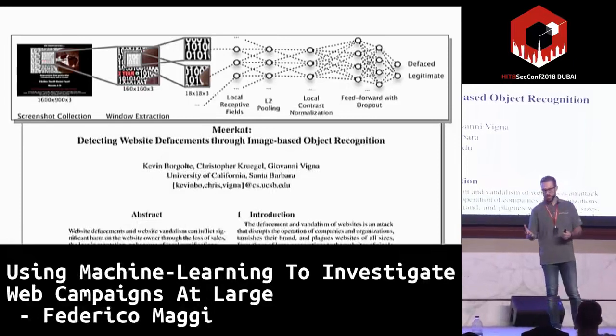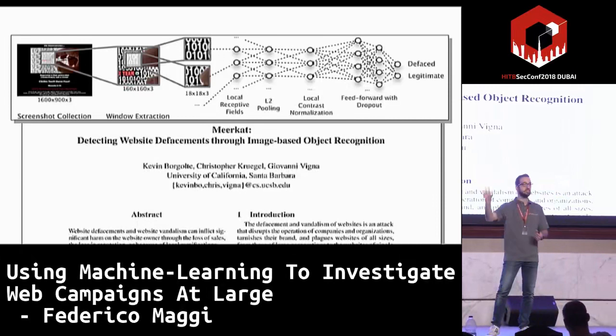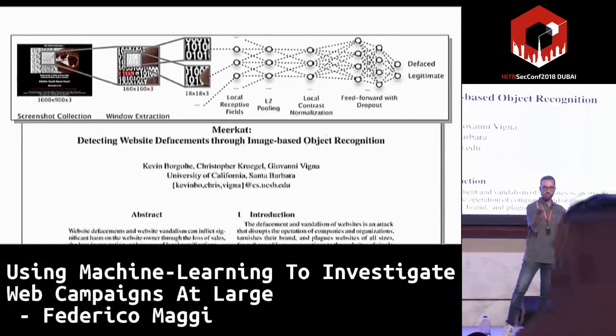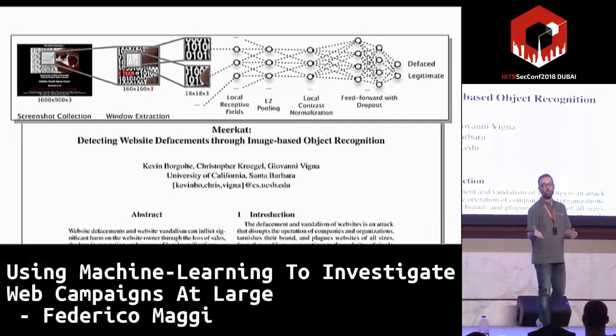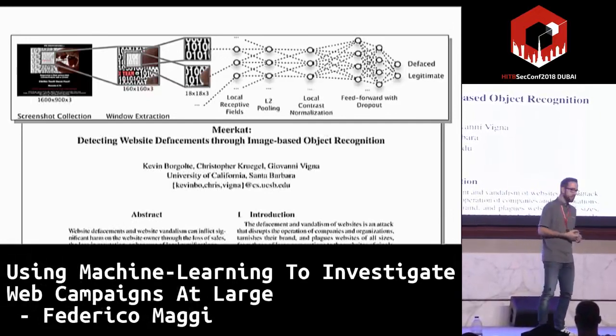Also, it's in the interest of the bad guys to announce the defacement as loud as they can, so people go and see it, right? So detecting alone is not really something that I deem as important.